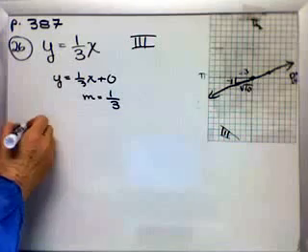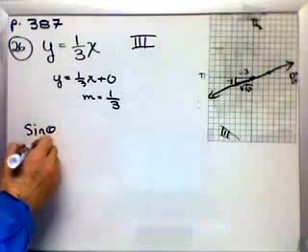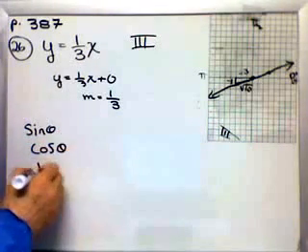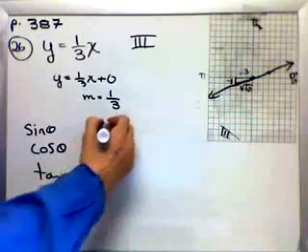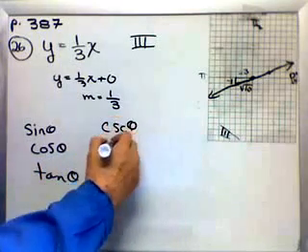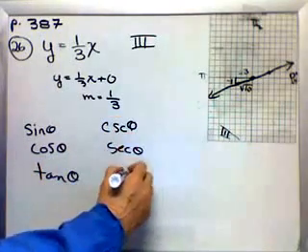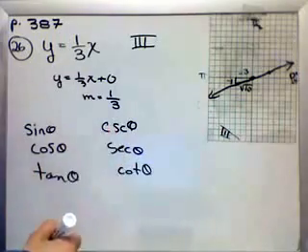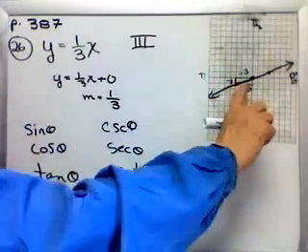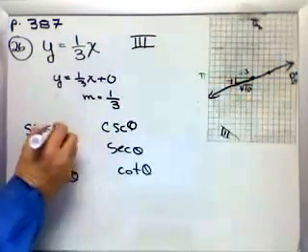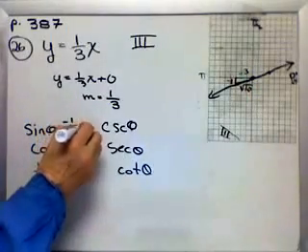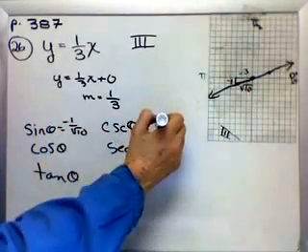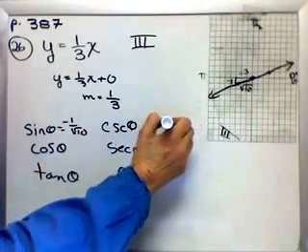Now, let's do the 6 trig functions. So, sine of theta, cosine theta, tangent theta, cosecant theta, secant theta, cotangent theta. So, the sine of that particular theta, opposite over hypotenuse, negative 1 over root 10, and then this one is going to be negative root 10 over 1.